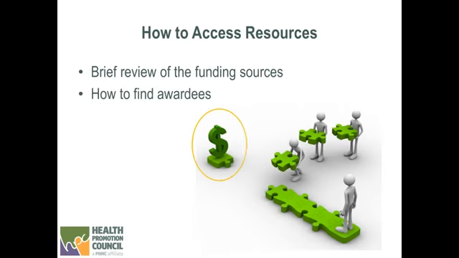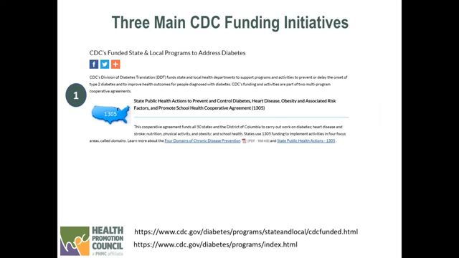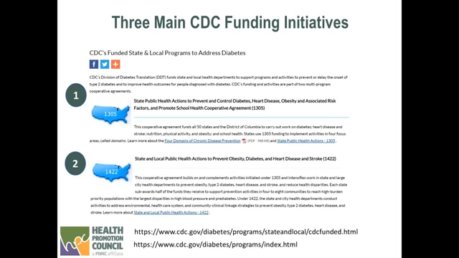So how do you access the resources? I'll talk a little bit about the funding and how to connect with these partners so that you can collaborate. The CDC has three main sources of funding. There's the 1305 and 1422 funding.